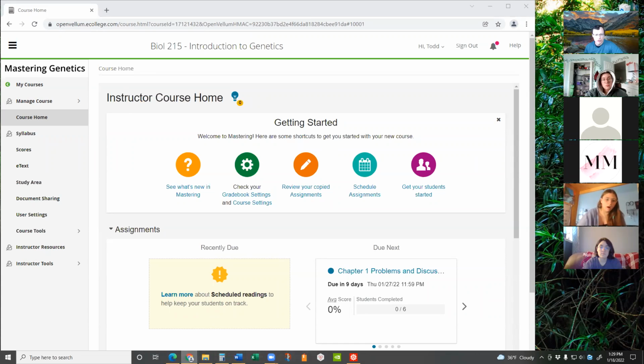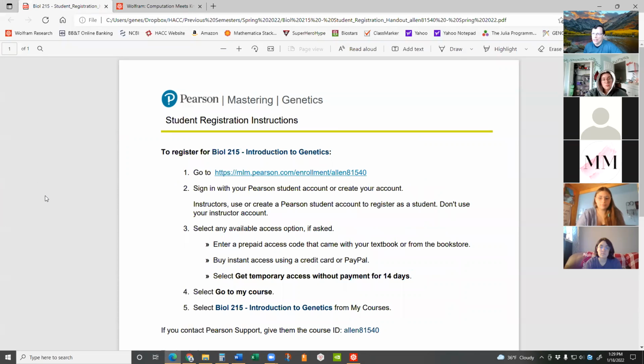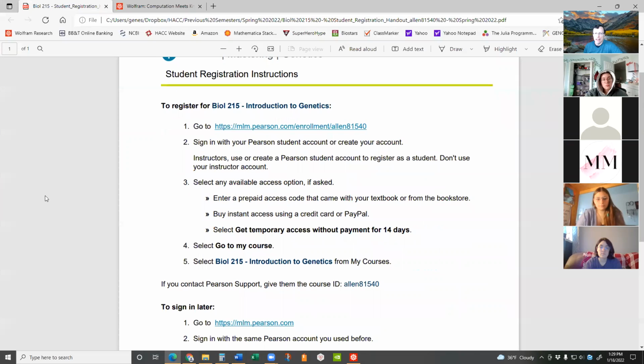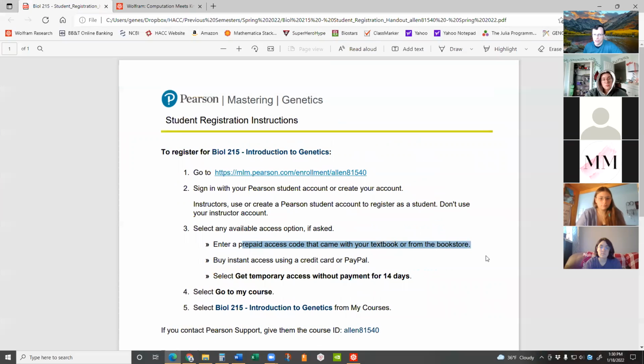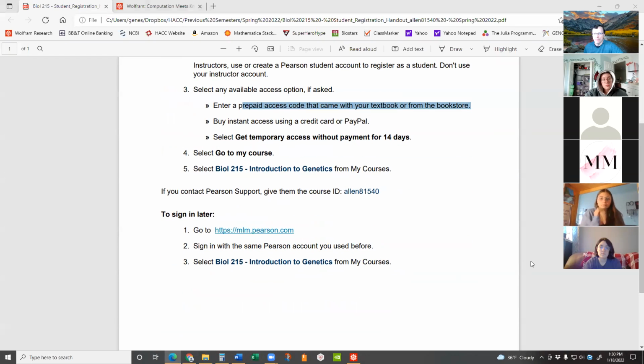Then you go to Mastering Genetics using this PDF document that I emailed to everybody, and you will enter the access code that you got on D2L to gain access to this product, which is a Pearson product. The textbook publisher Pearson creates and maintains the Mastering Genetics learning system. It's a cloud-based product.